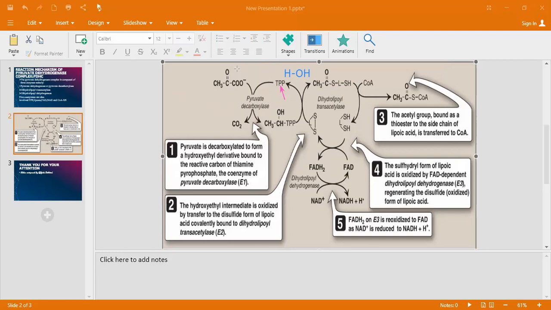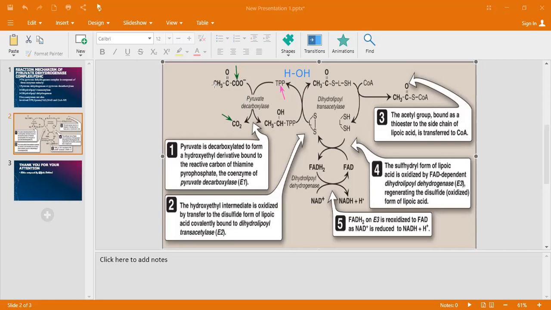You see this. The COO I'm pointing to here is lost as CO2. That is why, if we are removing a carbon, we call the enzyme a decarboxylase. You have seen the sense?